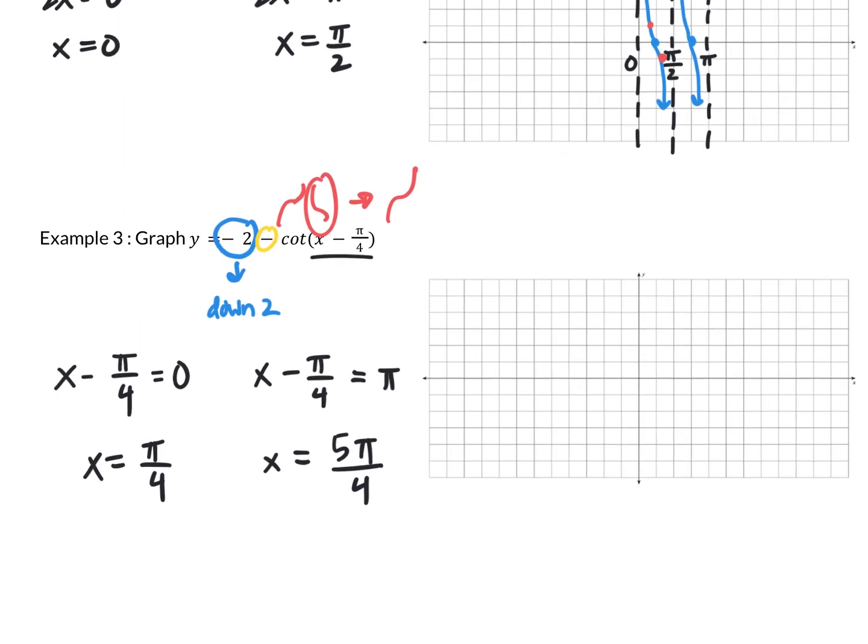Okay, so let's graph those x values on here. So I'm going to go every 2 is a pi over 4 value. And always make sure you simplify your fractions on your x-axis there.